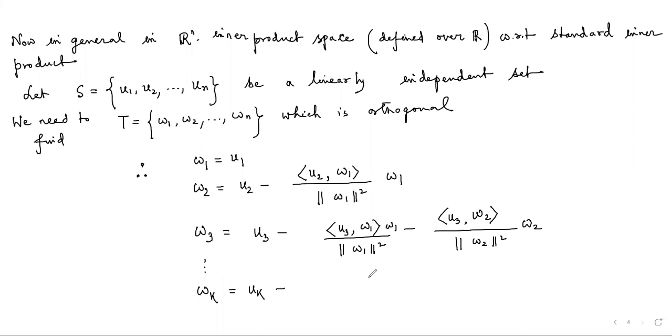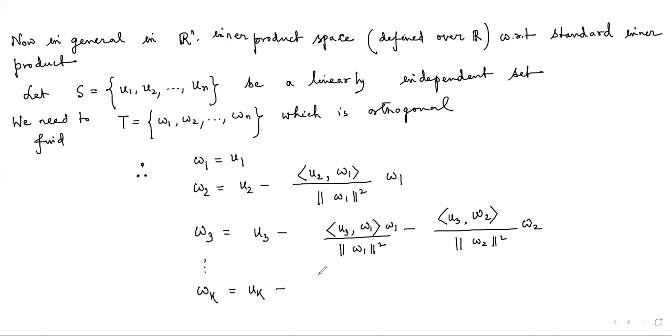of this vector Uk. W2 is the orthogonal projection of U2 along W1. In W3 that was the orthogonal projection of U3 along the W1, W2 plane, and now that would be the orthogonal projection of Uk on the W1, W2, ..., Wk minus 1 plane.